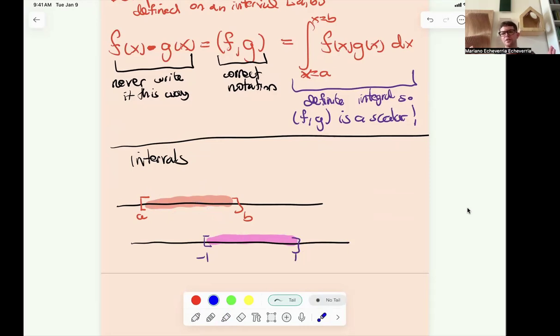Because first, this interval has length 2, and this has length b minus a. So first you would rescale that interval in length so that it has length 2, and then you just translate it. So basically, by doing a change of variables, a u sub, you can always make the interval go from -1 to 1.